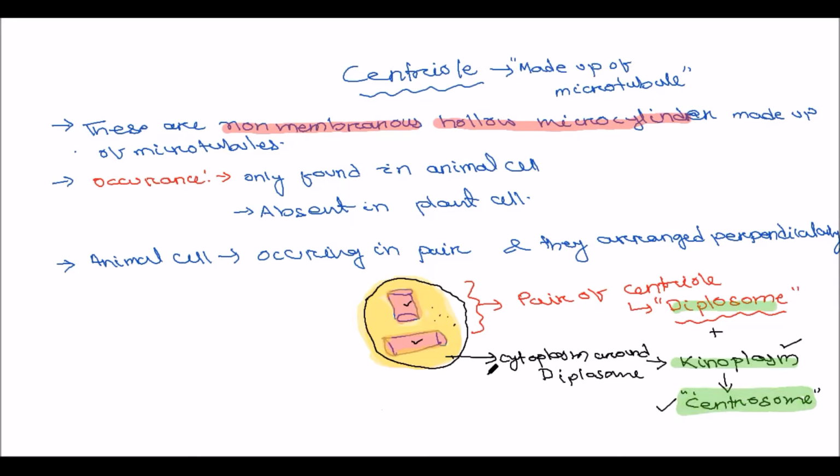Okay, and when we see more details about this centriole, let's see one of the centrioles. One of the centrioles is a cylindrical structure, and in that cylindrical structure there are microtubules. Suppose these are the microtubules.